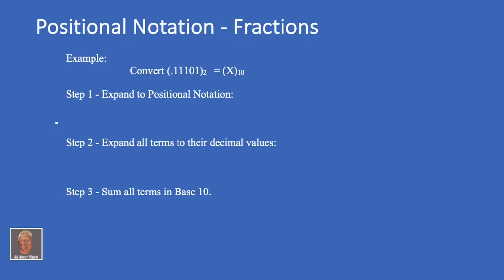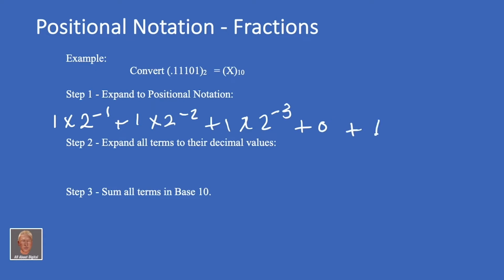So the first one would be 1 times 2 to the minus 1, plus 1 times 2 to the minus 2, plus 1 times 2 to the minus 3, plus 0 times 2 to the minus 4, plus 1 times 2 to the minus 5.